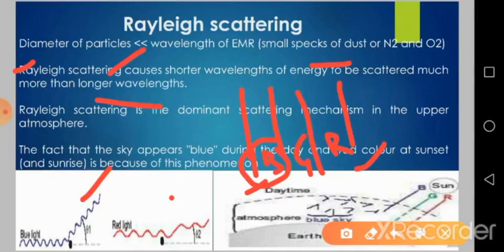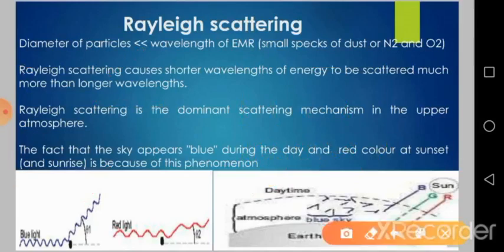Now again, if we apply another phenomenon, the color of the sky at sunset or sunrise is red. The reason for this is that during sunset or sunrise, the sun will be at the horizon, so these electromagnetic waves have to travel a longer distance.